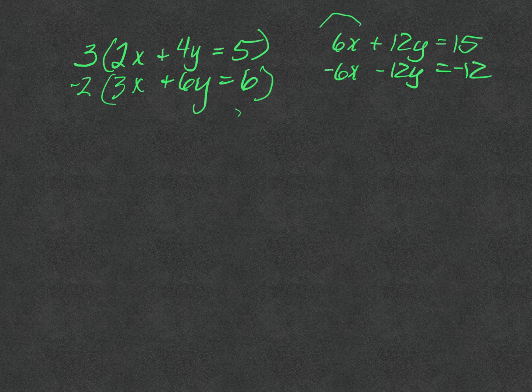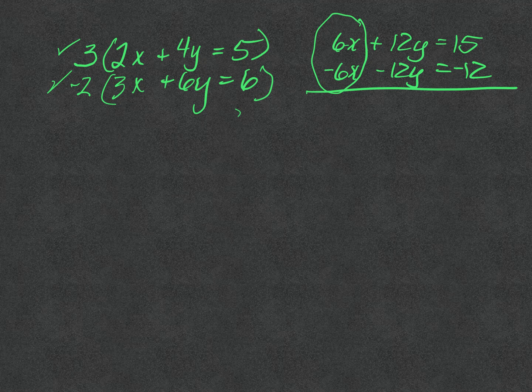And so when you look at these right here, you can see that the x's will disappear. And that's what you want to happen. And so sometimes you may need to do that. But notice the goal is always same magnitude, opposite signs. I could have done negative 3 and positive 2, and that would have worked as well.